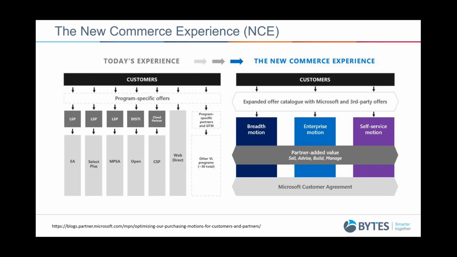And then we've got the self-service motion, which has always been around. That is customers buying directly from Microsoft, either through Web Direct or through the Microsoft customer agreement. You can read more around Microsoft's plans to modernize licensing by clicking on the link at the bottom of the screen, which takes you through to a Microsoft blog.